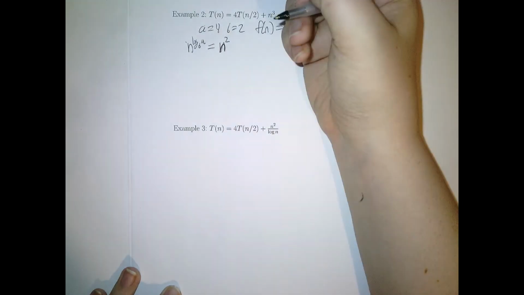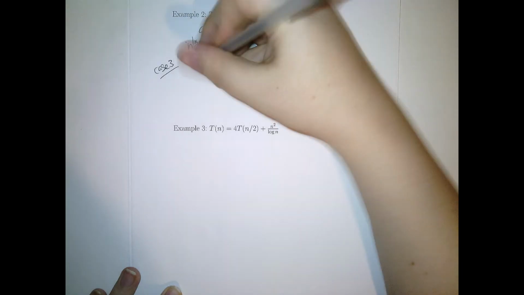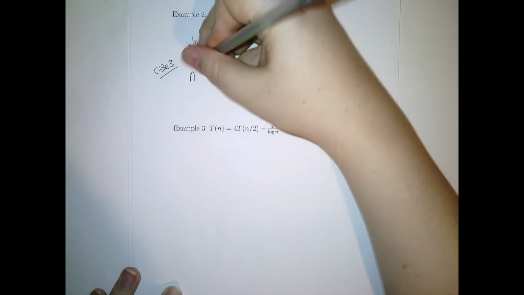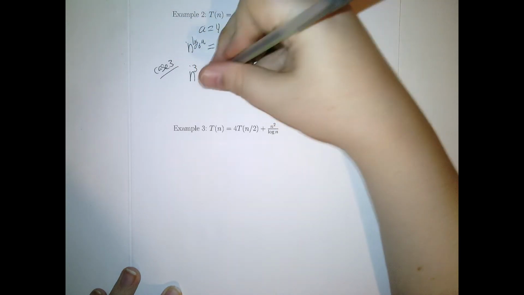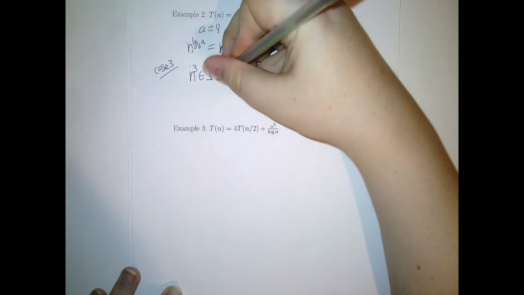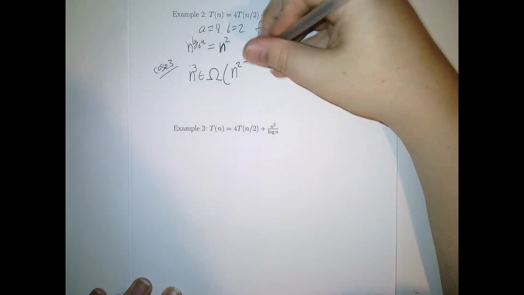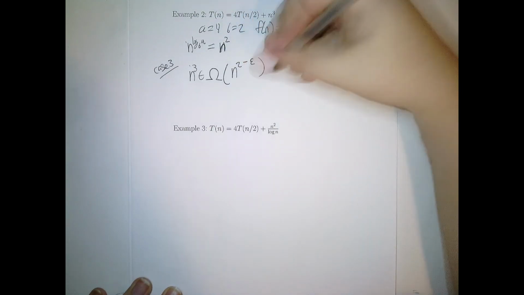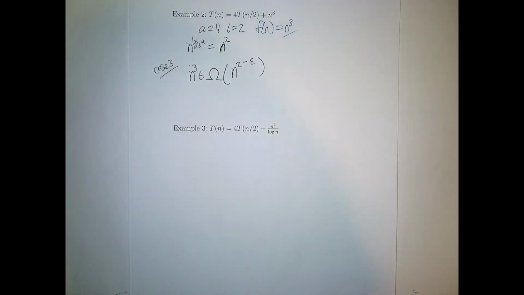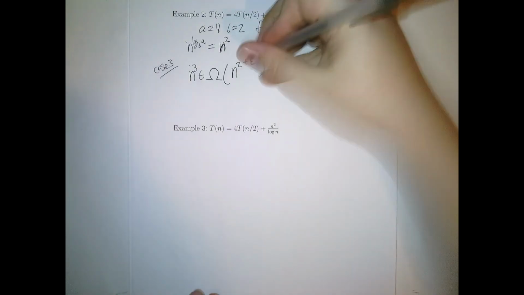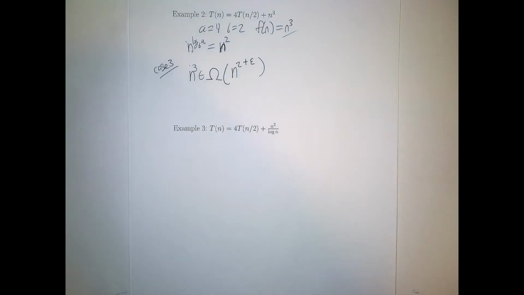And so if you look for this, it is case 3. What we'll need to prove is that our f of n, n cubed, is lower bounded, not upper bounded anymore, by n to log base b of a plus some epsilon.